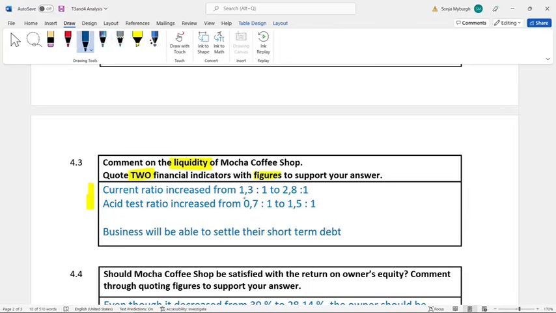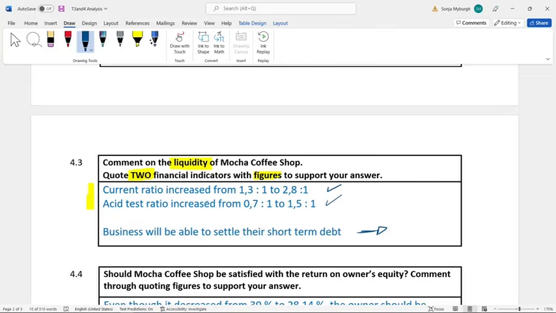Current ratio increased from 1,321 to 2,821. So there was an improvement. That's good. The asset test ratio also increased, so that's also good. So the conclusion is that the business will be able to settle their short-term debt. They will not have problems settling their current debt.